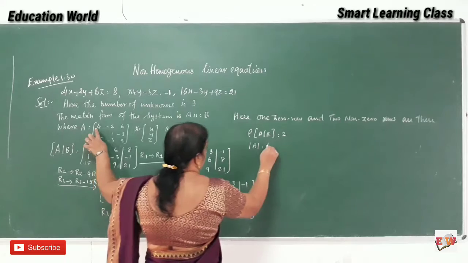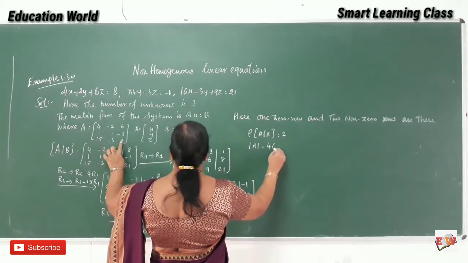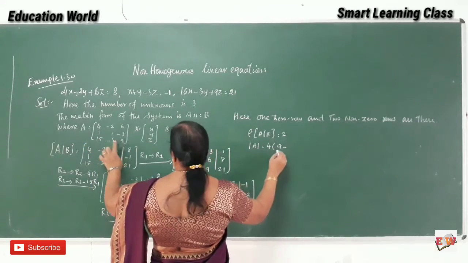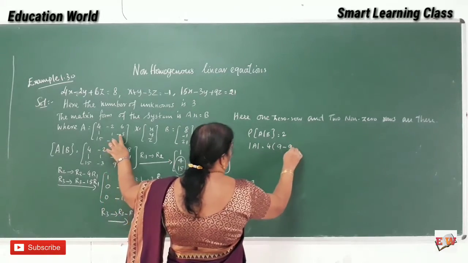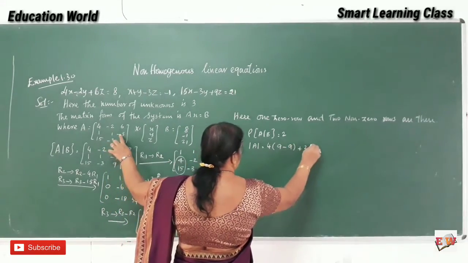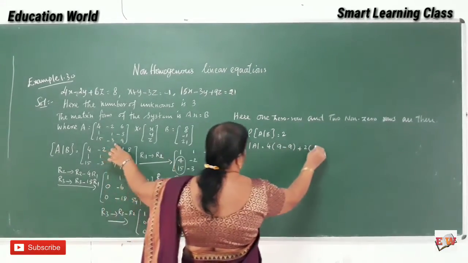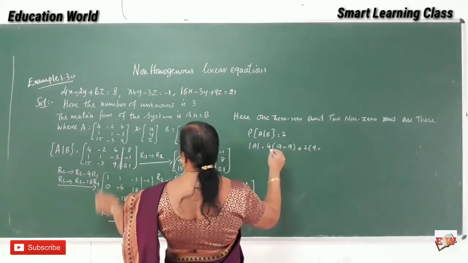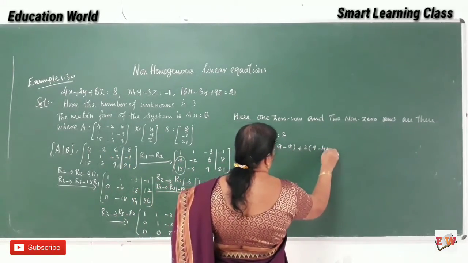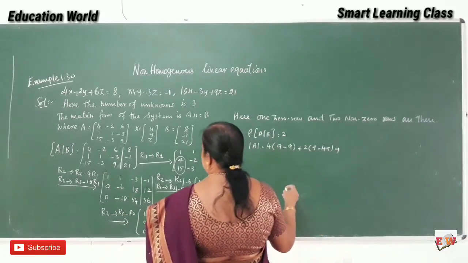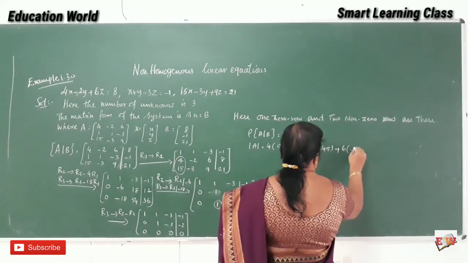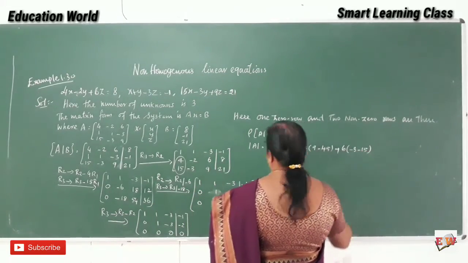4 into (1 into 9 minus 3 into 3), plus 2 into (9 minus 45), plus 6 into (minus 3 minus 15).